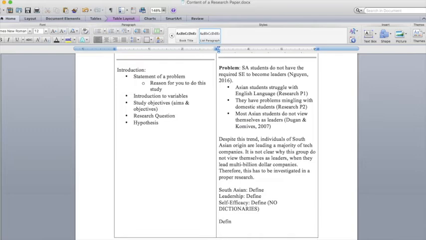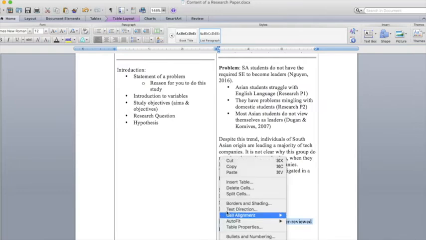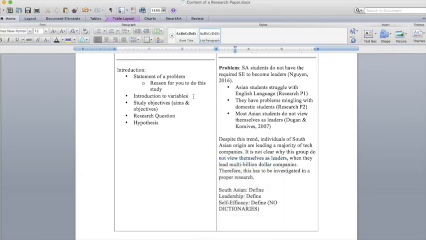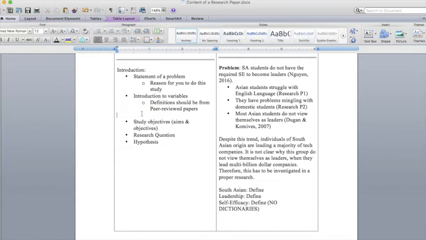Definitions should be from peer-reviewed papers, because that is extremely important.